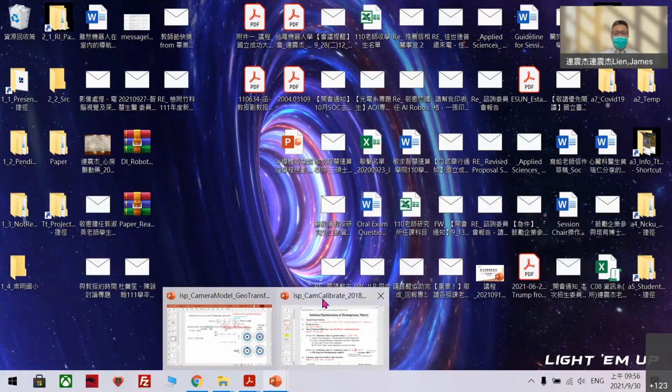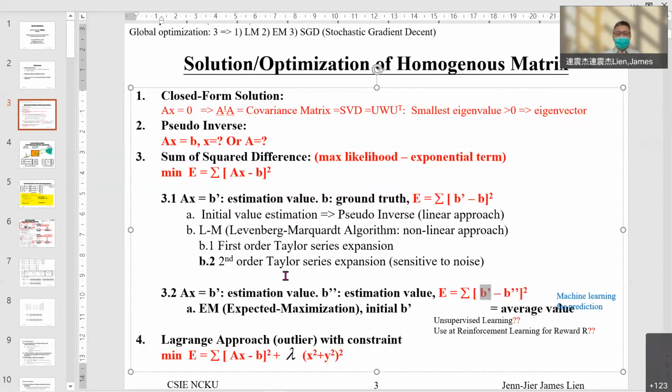So this is EM. You do iteration, keep iterating until this value doesn't change too much. Each time, you just do a little bit of estimation and prediction.